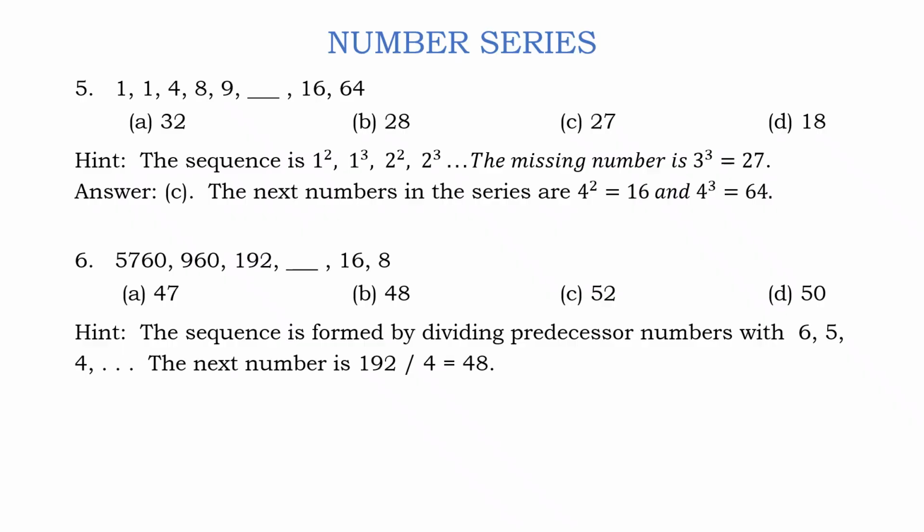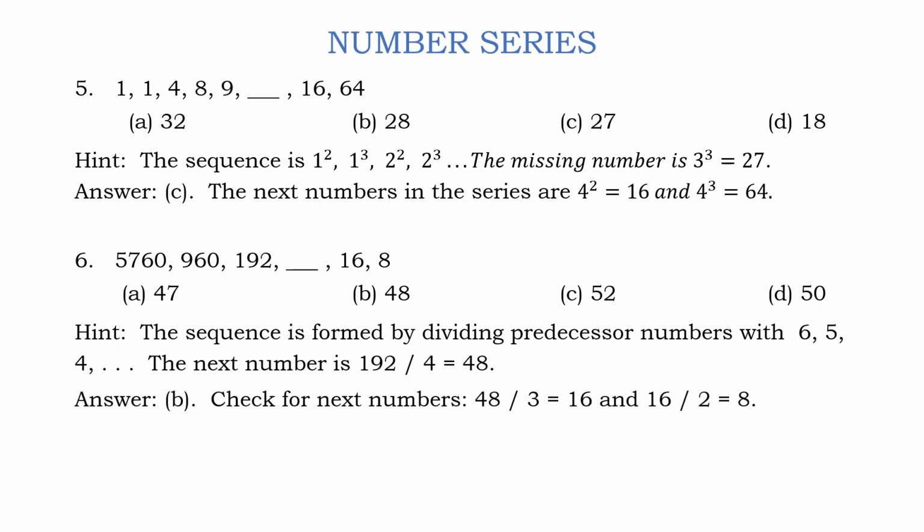Then the next number should be 192 divided by 4, which is 48. Then 48 by 3 is 16. Next, 16 by 2 is 8. So the answer is B, 48.